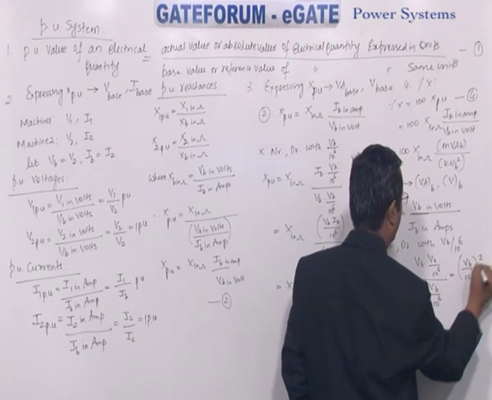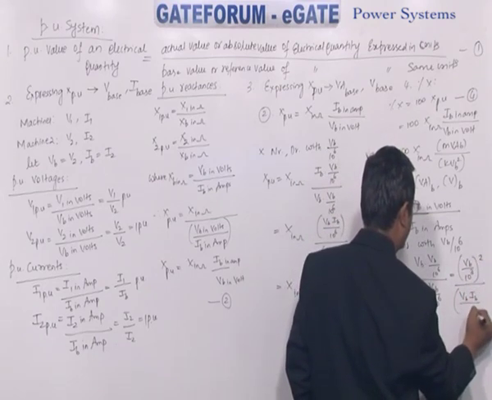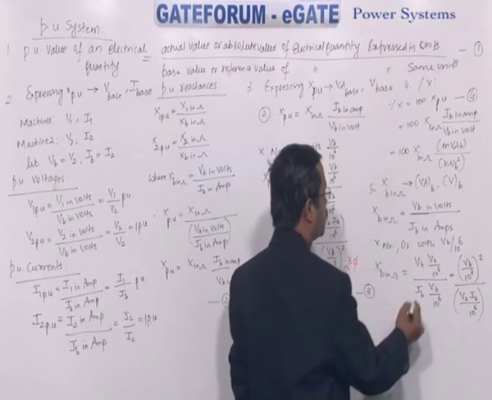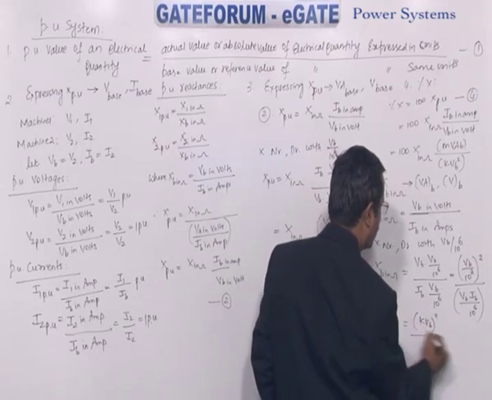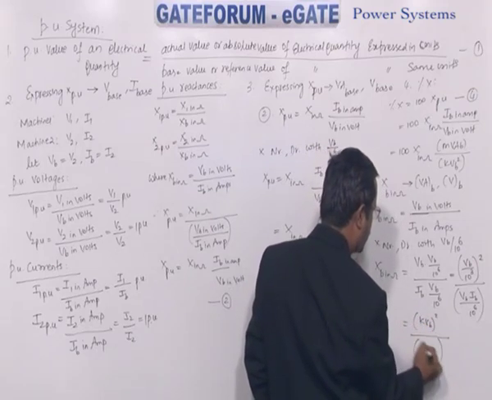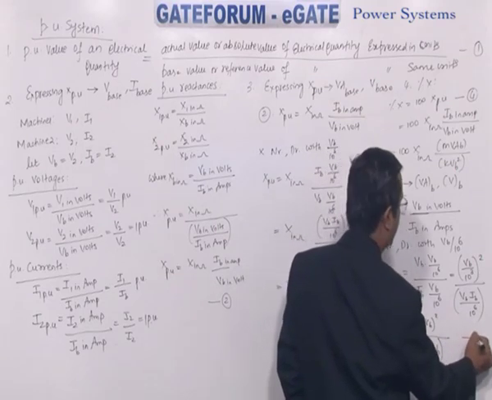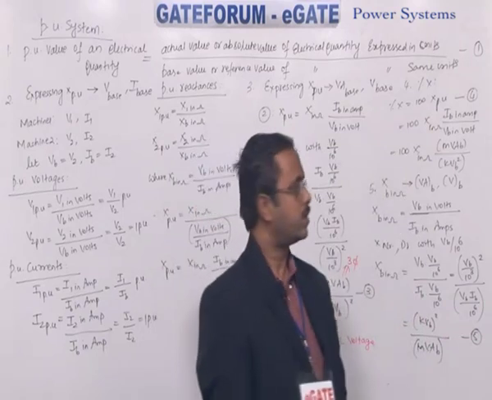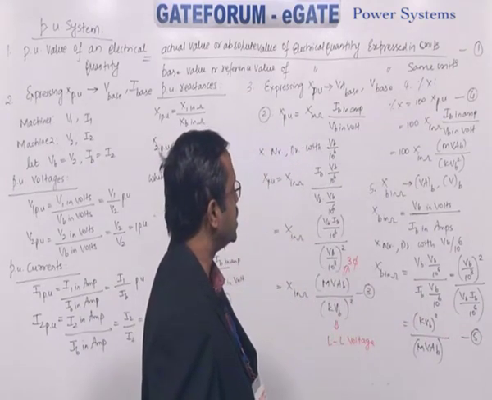(Vb by 10 cube) whole square over Vb Ib by 10 power 6. What is Vb by 10 cube? Base kV. What is Vb Ib by 10 power 6? It is base MVA. So this formula is regarding the base reactance in ohms.